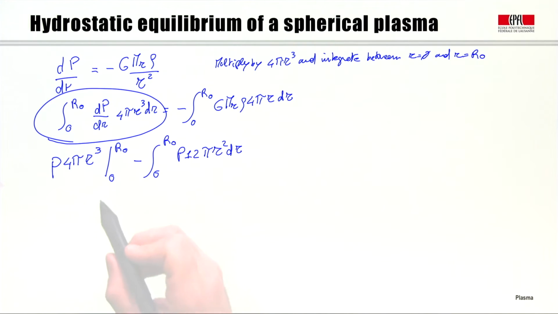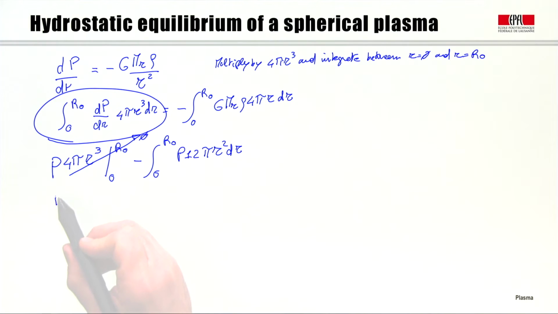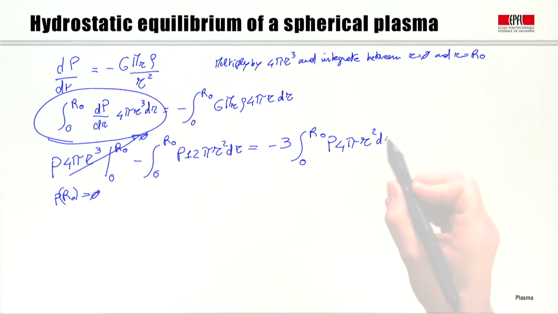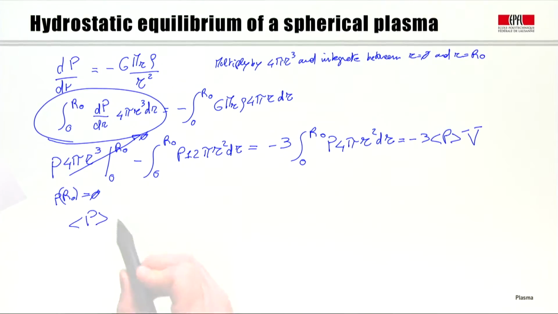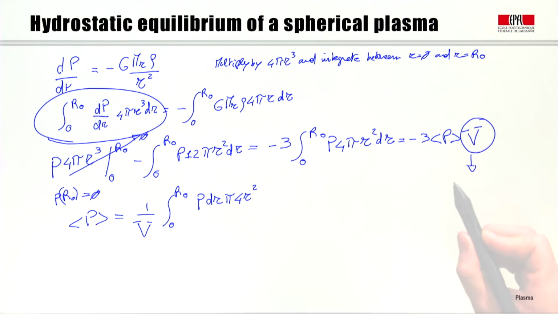We can easily observe that the first term goes to 0, since the pressure at r0 is assumed equal to 0. Therefore, we're left with the following expression, which we can write in the following way, where we have defined an average pressure, where V is now the total volume of the Sun.